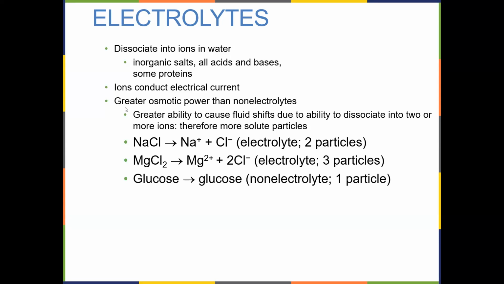All it pays attention to is the number of particles. The solute concentration is based on particles, not what they are. Glucose doesn't separate into anything except glucose. Glucose gives you one solute particle in solution. Every glucose molecule is one solute particle, but sodium chloride gives you two different particles. The more particles you have, the greater osmotic pressure you have to move water one way or another.